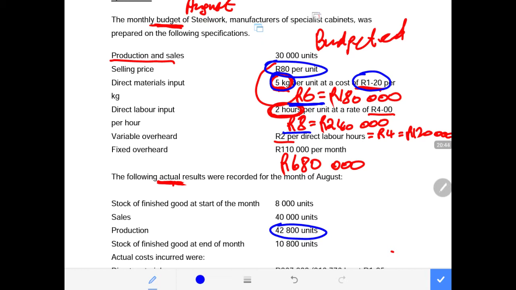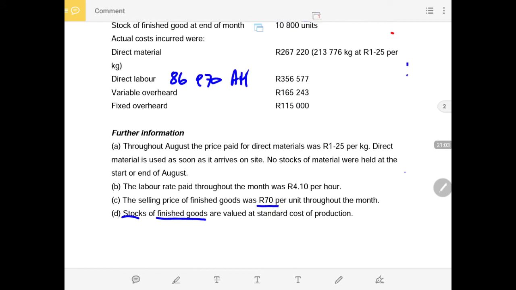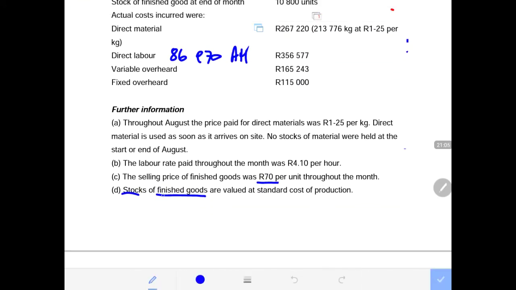We know that on standard we need to mix 5 kgs of ingredients in order for our product to be complete, and we need to spend 2 hours of the direct employees in order for them to complete our product. So this is the standard information. That means when we are calculating now our finished goods value, it must be based on standard cost of production.